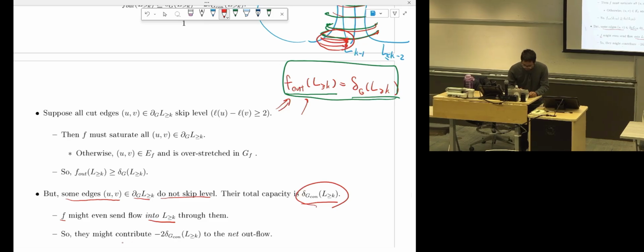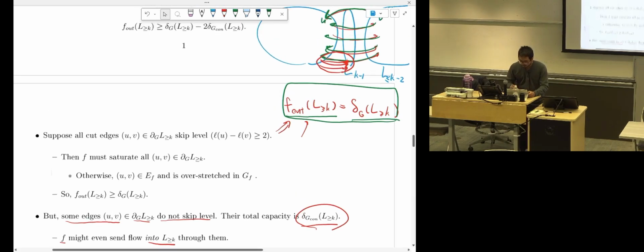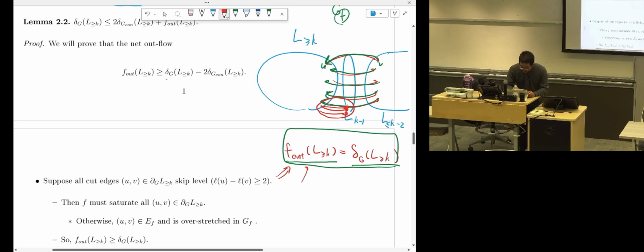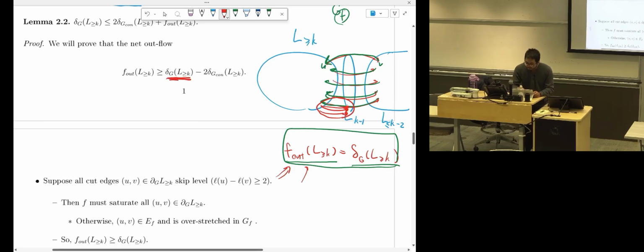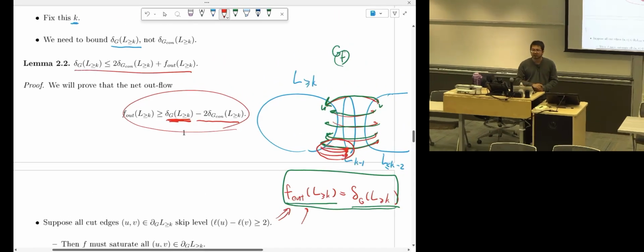This might contribute minus the total capacity of the cut edges in G-con. So if there are no G-con edges, you have this, but with G-con edges, you might reduce the net flow out by twice their capacity. Okay, so we have this one, which means that we get this. Questions?